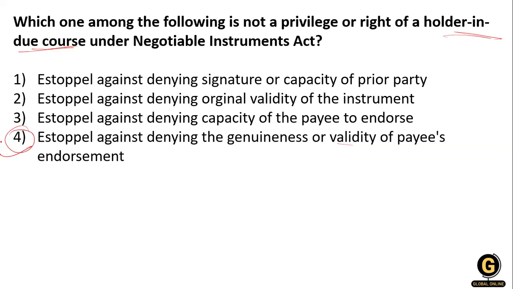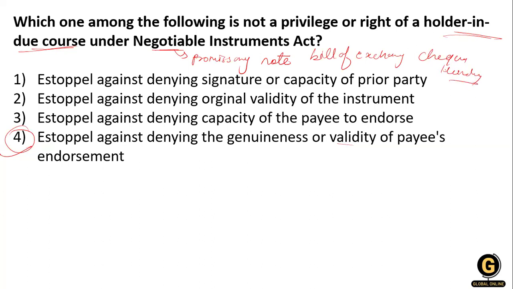Now, what is a holder in due course? A holder in due course means any person who becomes the possessor of a promissory note. You know that negotiable instruments include the promissory note, bill of exchange, checks, or you can say hundi.